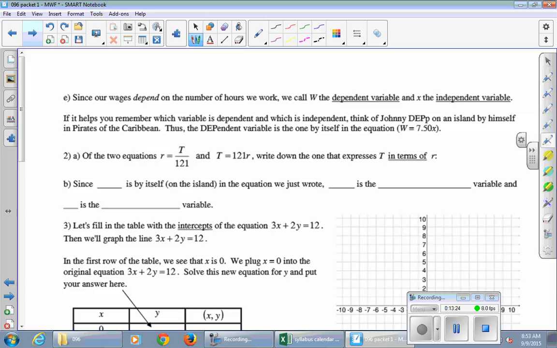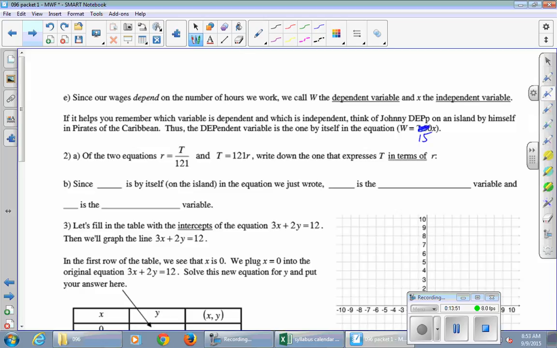Wyatt, if it helps, can you read this next part? Okay, so that 7.5x is a typo, my fault.